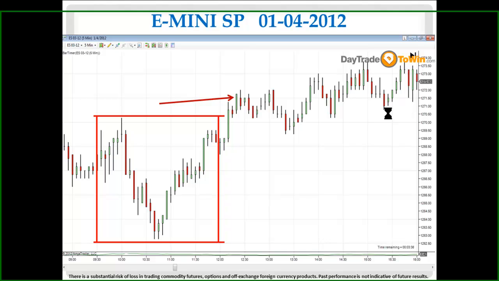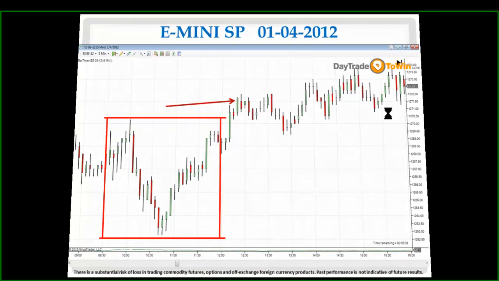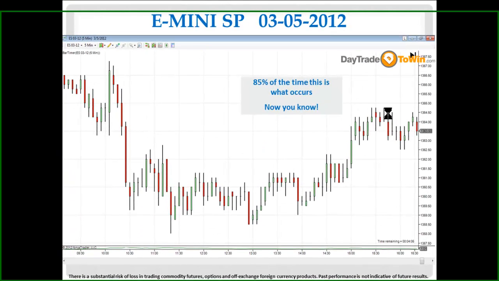Based on it going beyond the noon session. Okay? Now, the next day would have been January 5th, but I must have removed that chart. I happen to have here March 5th, 2012, to show you what happens when the market whipsaws back and forth. Okay?